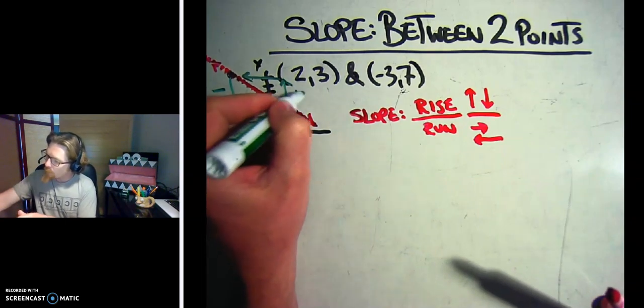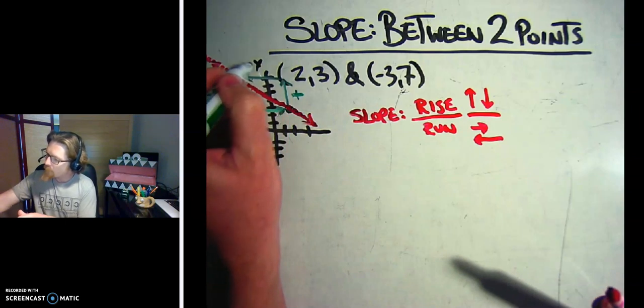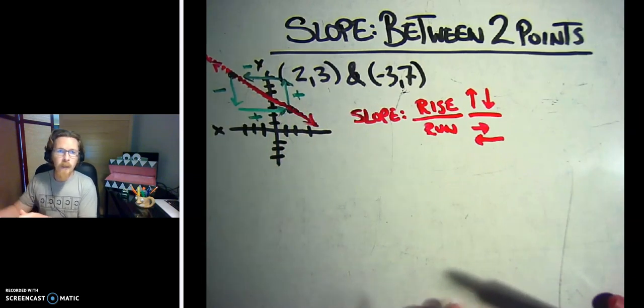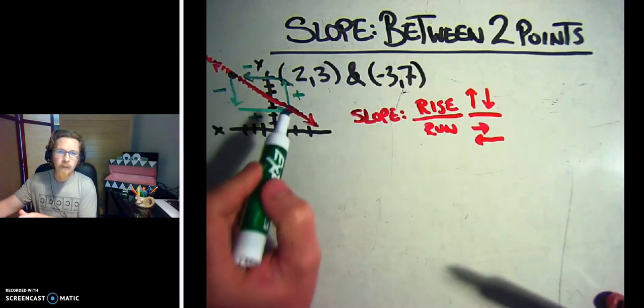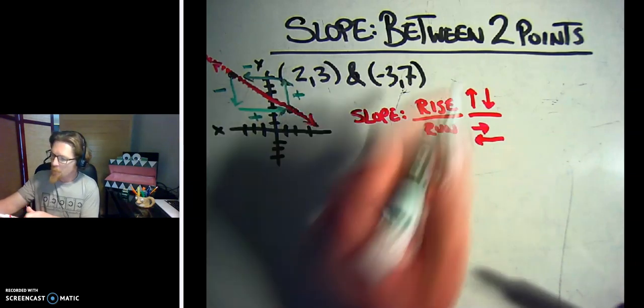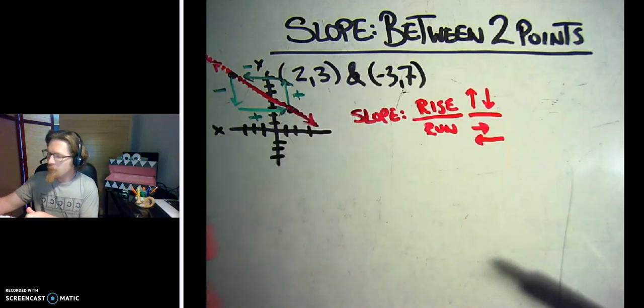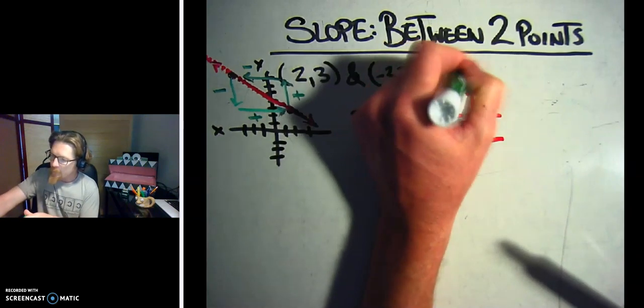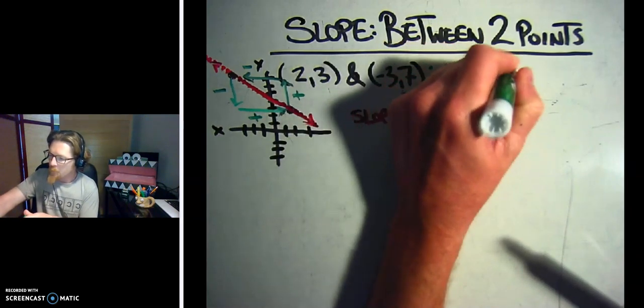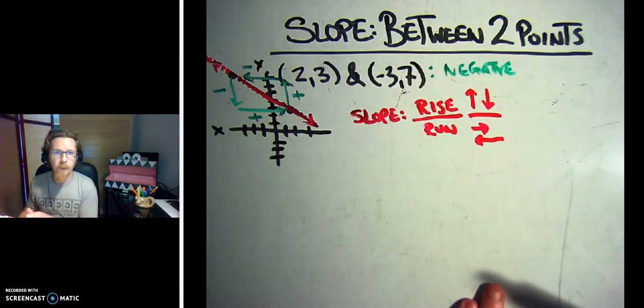Up is always a positive and left is always a negative. So it looks like the rise over run, no matter which way I go, down and right or up and left, is going to be a positive and a negative number being divided. So I know that I should expect a negative slope when I solve for it.